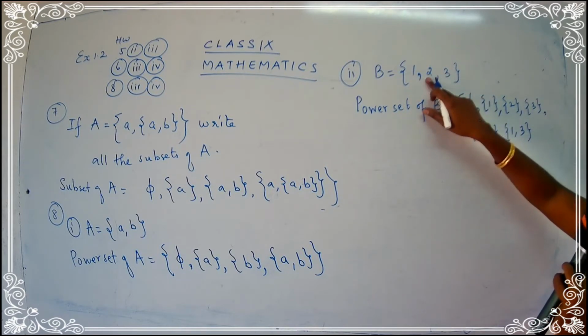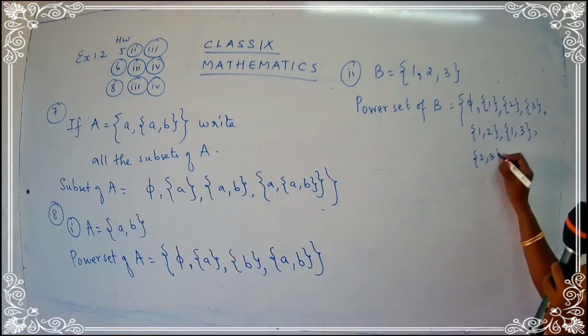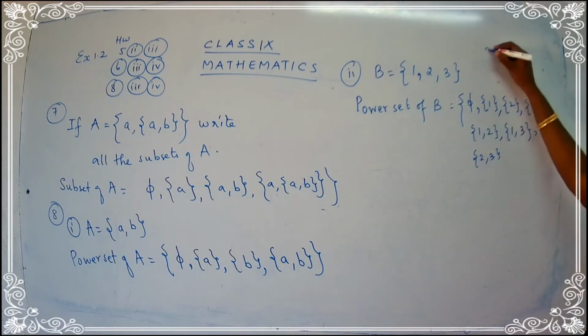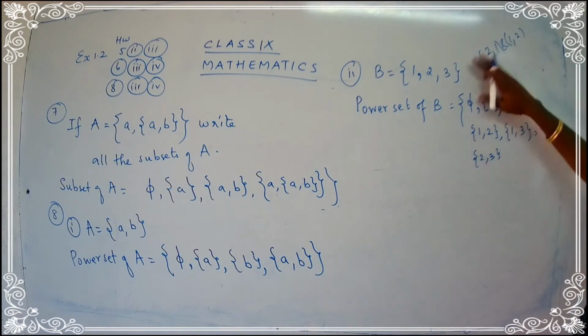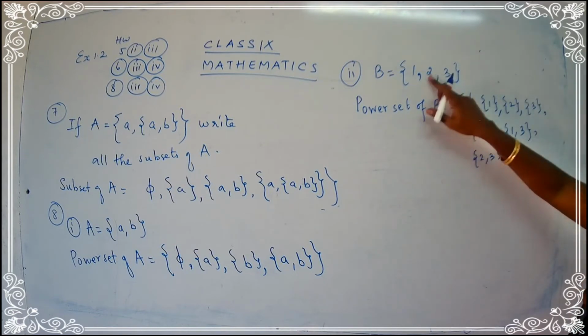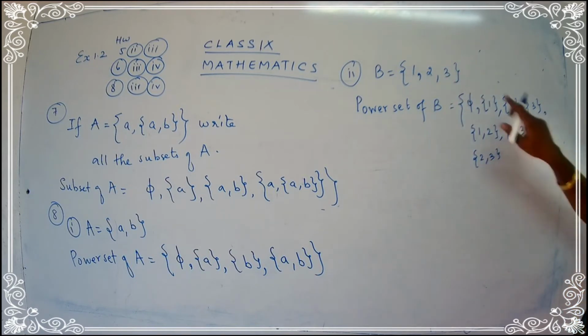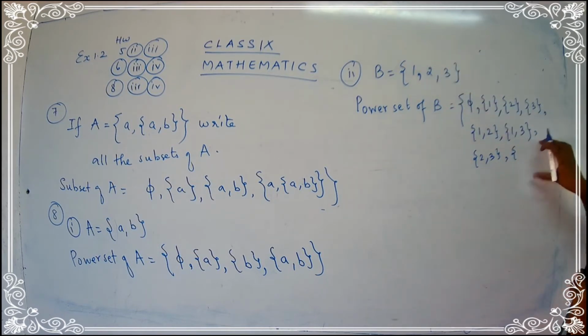Now go for 2. {2, 3}. Don't write {2, 1}. Okay, {2, 1} and {1, 2} is the same. So do not repeat the sets. So how will you write? {2, 3}. Done. {3, 1} is present. {3, 2} is present. So no need to worry about that. Last one is, take the whole set. {1, 2, 3}. Complete the bracket.